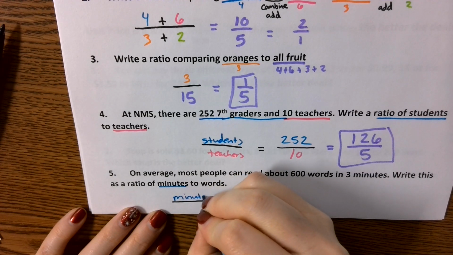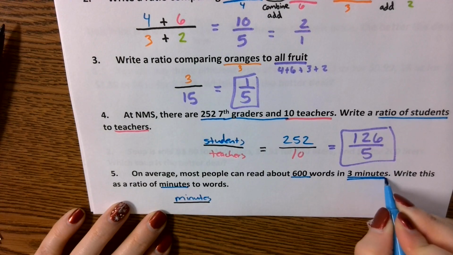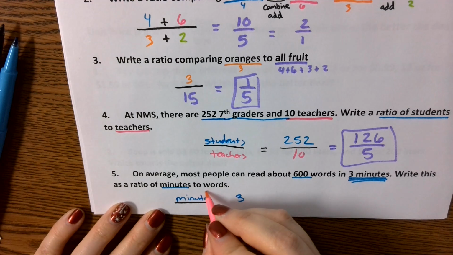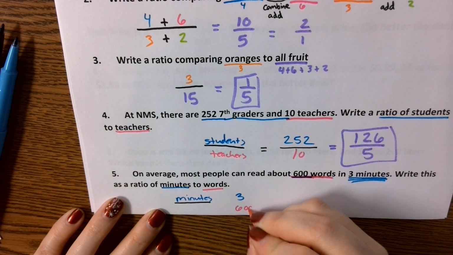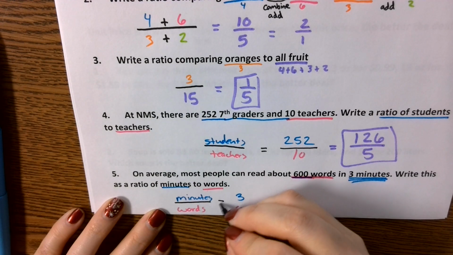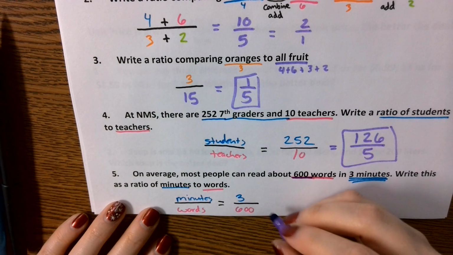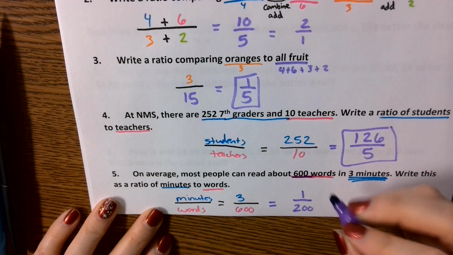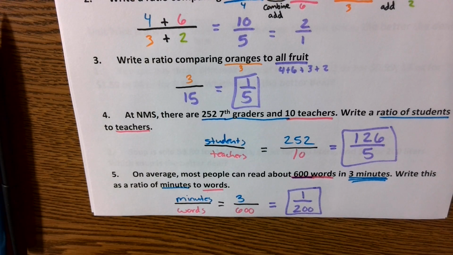The value for minutes happens to be 3. On the bottom, that's where we're going to put the words. The number of words is 600. So we get a ratio of 3 over 600. We then need to simplify that. That can be simplified to 1 over 200. That means in 1 minute, you'll have read 200 words.